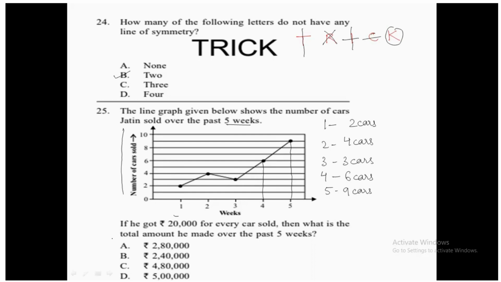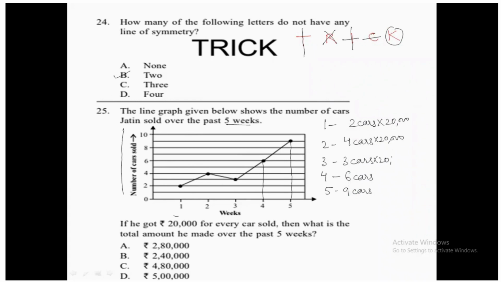Now the question says that he got 20,000 for every car sold. So for one car he was getting 20,000. For 2 cars, how much will he get? He will get 20,000 multiplied by 2. So we need to multiply every number of cars by 20,000.